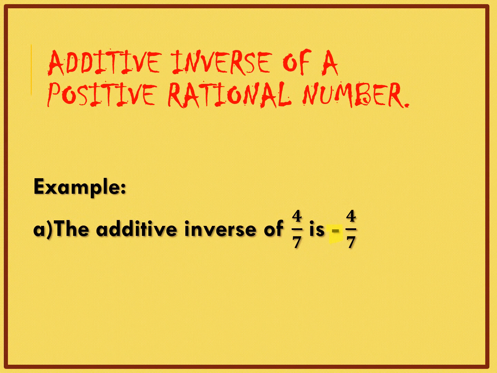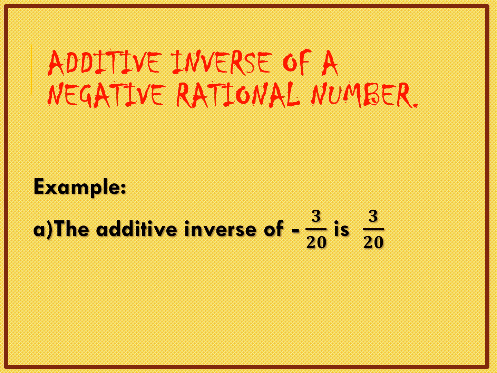Now let us try to take the additive inverse of a negative rational number. We want to find out the additive inverse of a negative rational number. So a negative rational number obviously means the sign will be minus.